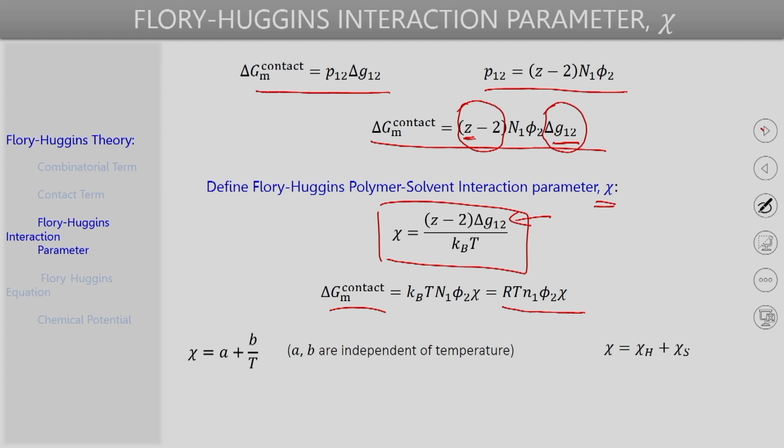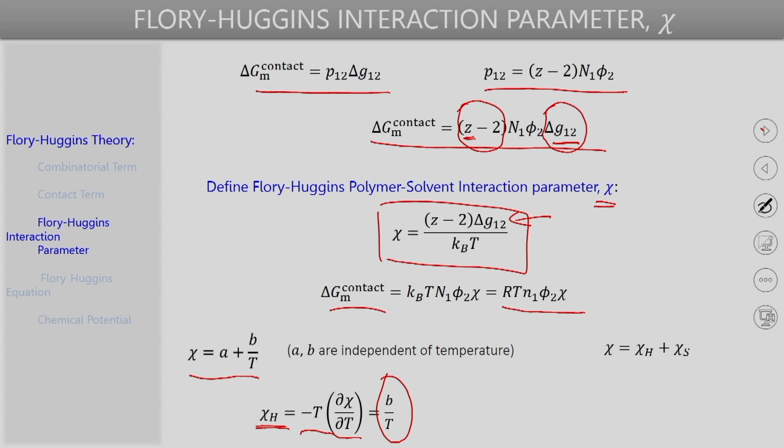One can also think of chi parameter as consisting of an enthalpic contribution chi h plus an entropic contribution chi s, and it can be shown based on the discussion that we have been having that this chi h, the enthalpic contribution, is given by minus T times the partial derivative del chi del T, and when applied to this formula, that leads to just B by T. So, the enthalpic term is the one which is temperature dependent.